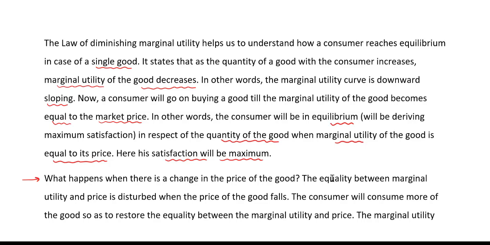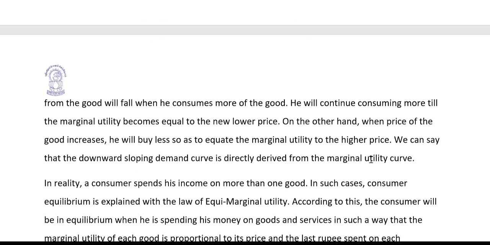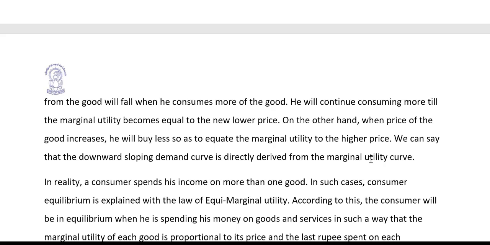What happens when there is a change in the price of a good? The equality between the marginal utility and price is disturbed, because when the price of a good falls, the consumer will consume more of the good so as to restore the equality between the marginal utility and the price. The marginal utility from the good will fall when we consume more of that good.